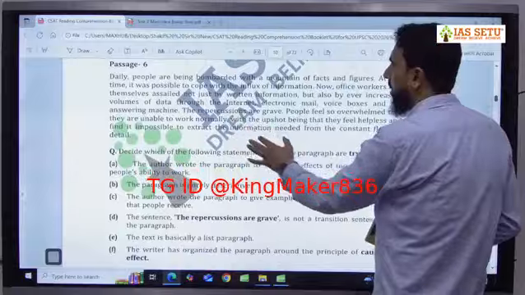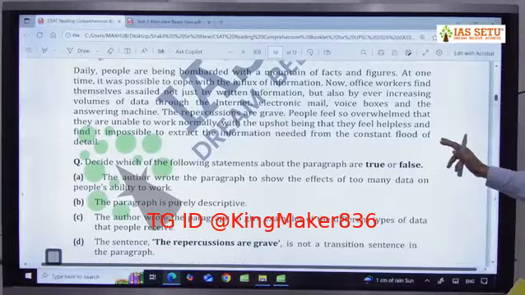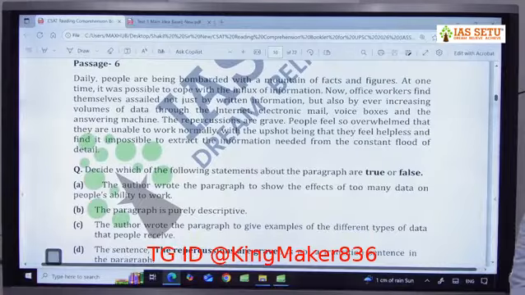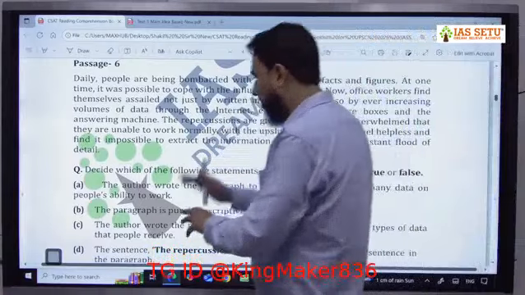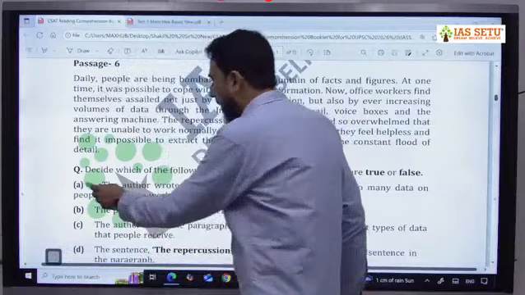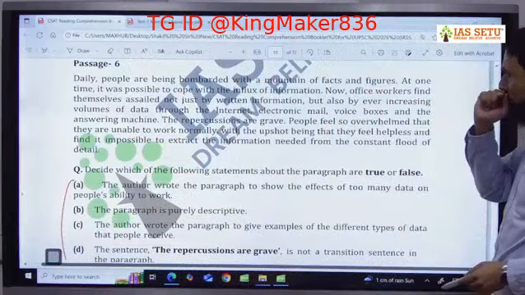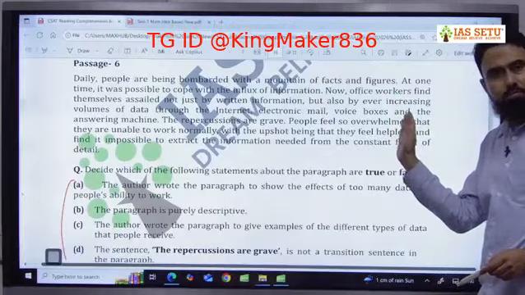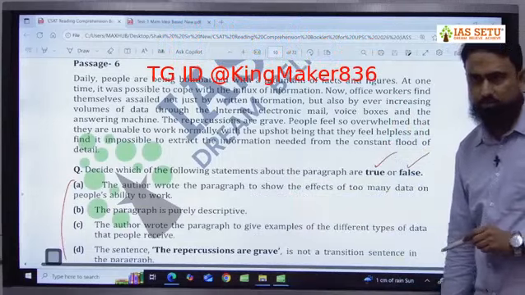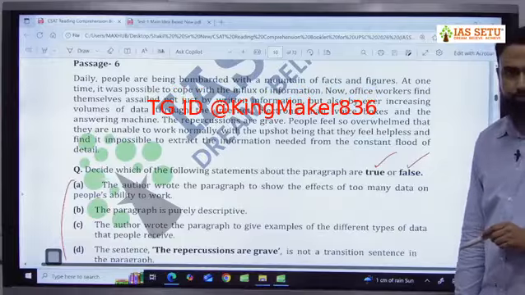Daily people are being bombarded with a mountain of facts and figures. In this particular exercise, there are a couple more paragraphs given in this section. Here I want you to identify the functioning of each sentence. So please read this and then give the answer as true or false to the given statement. 2 minutes.